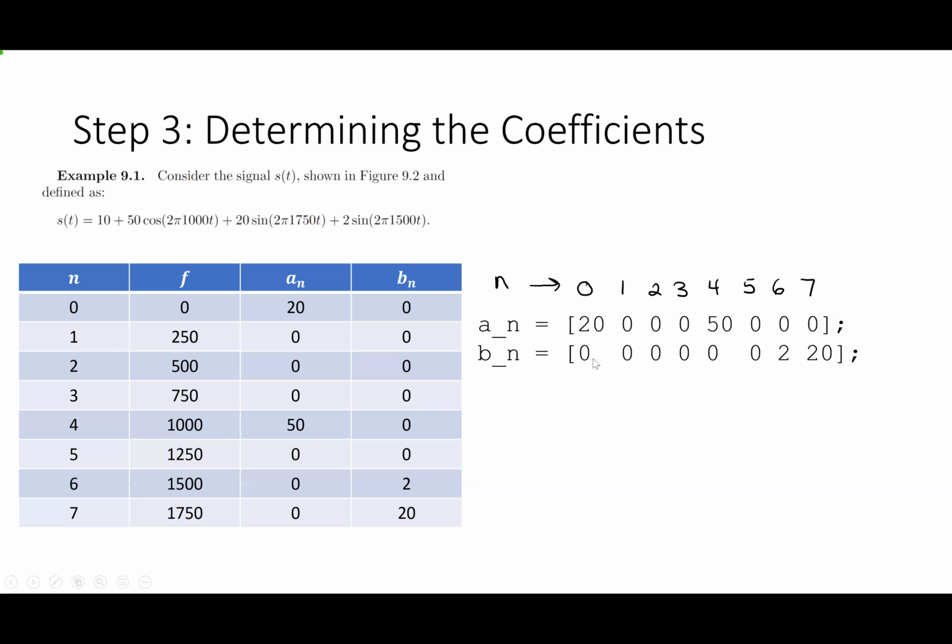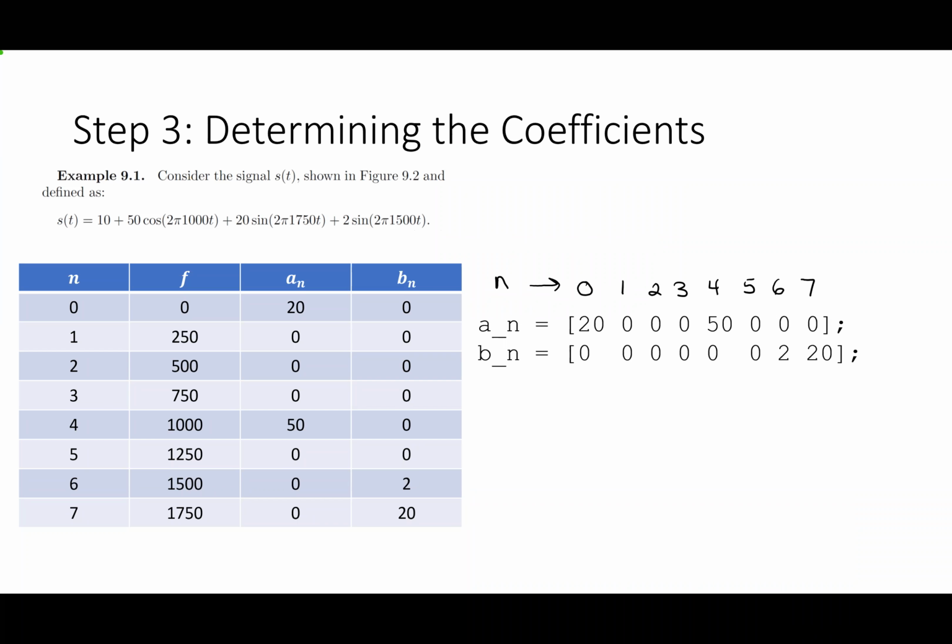N equals 0 is everything in this column, N equals 1 is everything in this column, then 2, 3, 4, 5, 6, 7. I translated the table into these row vectors. That's as simple as it gets.